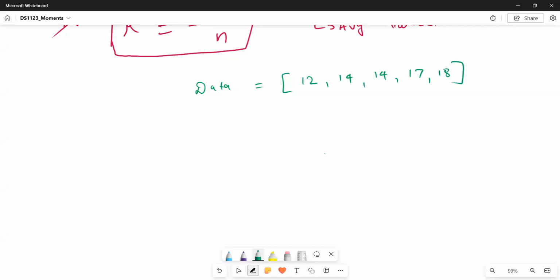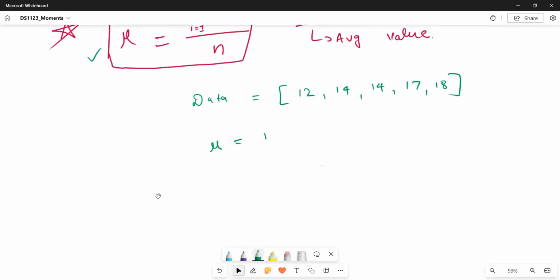That is 5 numbers. If you want to calculate the mean of this data, you can easily add up all these numbers. We'll use the formula for mean.